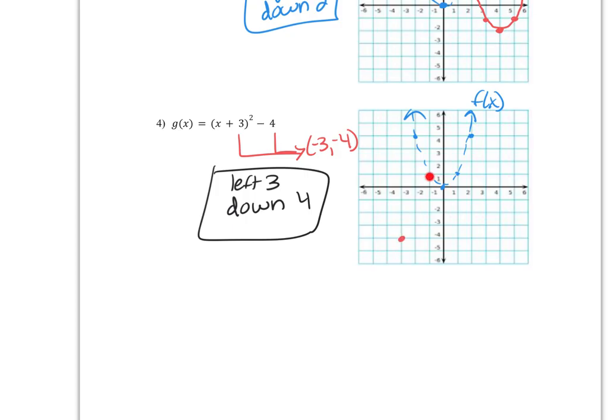So we're going 1, 2, 3 left, 1, 2, 3, 4 down, for each point.